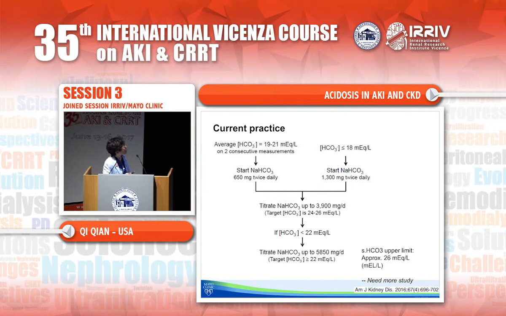You could use mostly sodium bicarbonate tablets. You titrate the dose up to greater than or equal to 22. What's the upper limit? Not strongly supported by data, but the common consensus is approximately 26. You really want to correct the serum bicarbonate in the range of 22 to 26.